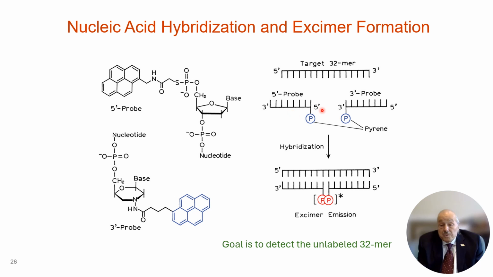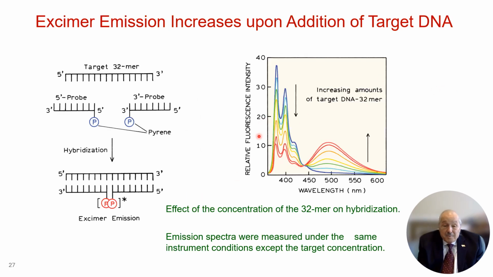So these two molecules were synthesized with pyrene attached to them, and they looked at what happened to the pyrene emission as they added the oligomer, and it was really quite beautiful. In the absence of the target oligomer, it's all the monomeric structured pyrene emission.